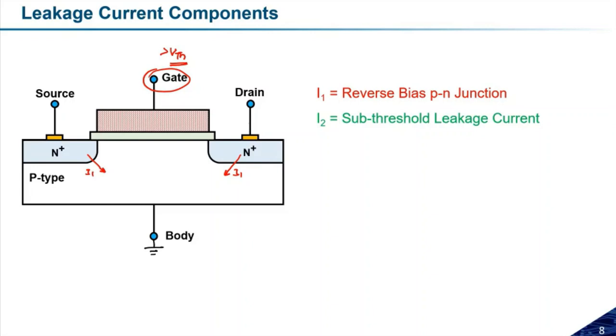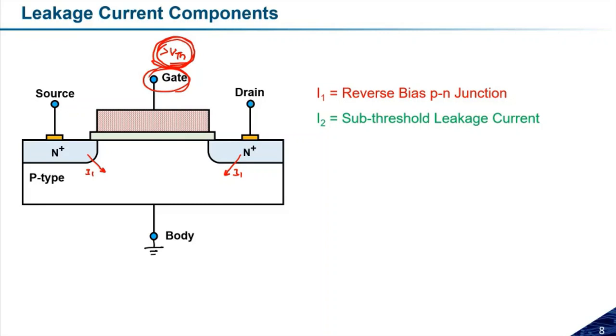But because I have provided some voltage at the gate side, some channel has been created, even though that is not sufficient to flow the current. Some of the minority charge carriers have been accumulated at this interface. So because of that, some minimum current will start flowing between source and drain, even though the VGS was less than the threshold voltage.